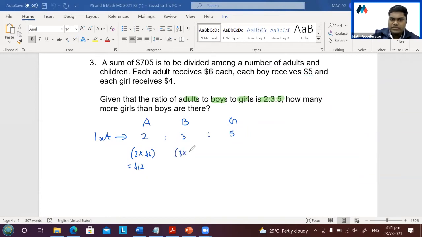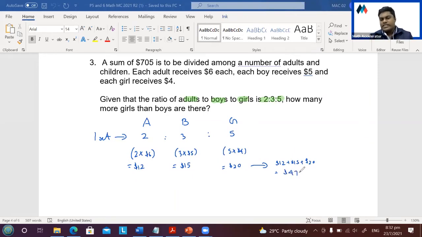So it's 3 times $5. That will get you $15. And for girls, 5 times $4, they'll give you $20. Okay, so what is the total value of this one set? It's 12 plus 15 plus 20. So the answer here is $47.